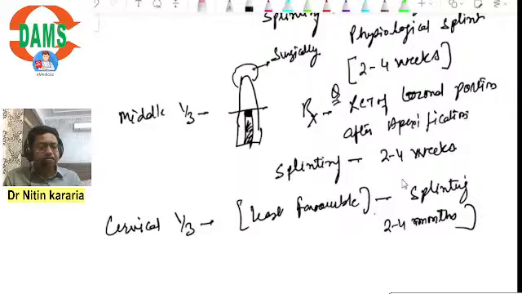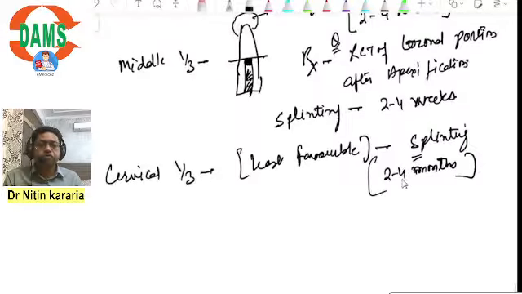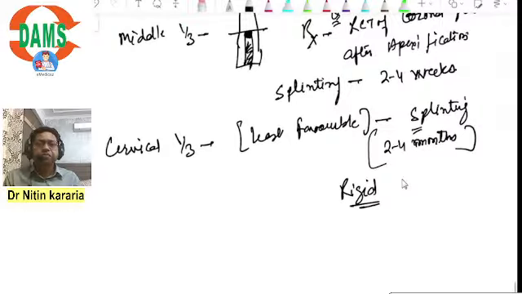Instead of weeks, the splinting duration is increased to 2 to 4 months. This can at times be rigid splinting. Because the fracture segment would be highly mobile, we can do rigid splinting for 2 to 4 months, and since the root portion is not involved, the physiological splint is not required in such cases. Rigid splinting for 2 to 4 months is done.